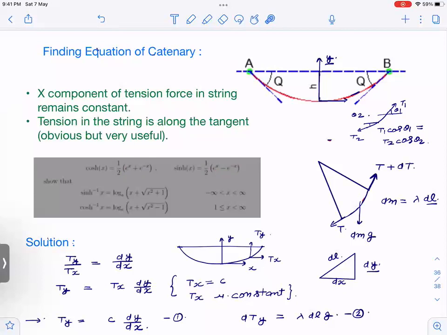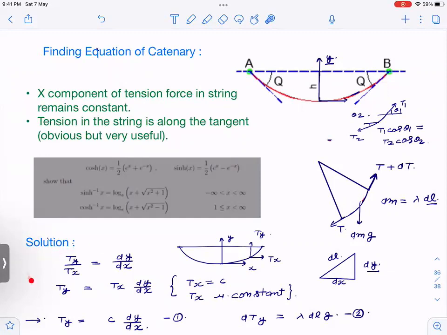And then inverse of sine hyperbolic function is this, right? So you can check this. If you take sine of sine inverse, you are going to get 1. And cos hyperbolic function, there is a minus also here, but if you see the domain is different, right? So this is the maths part. I'm not going into too much detail of this. Let us now get on with the analysis.